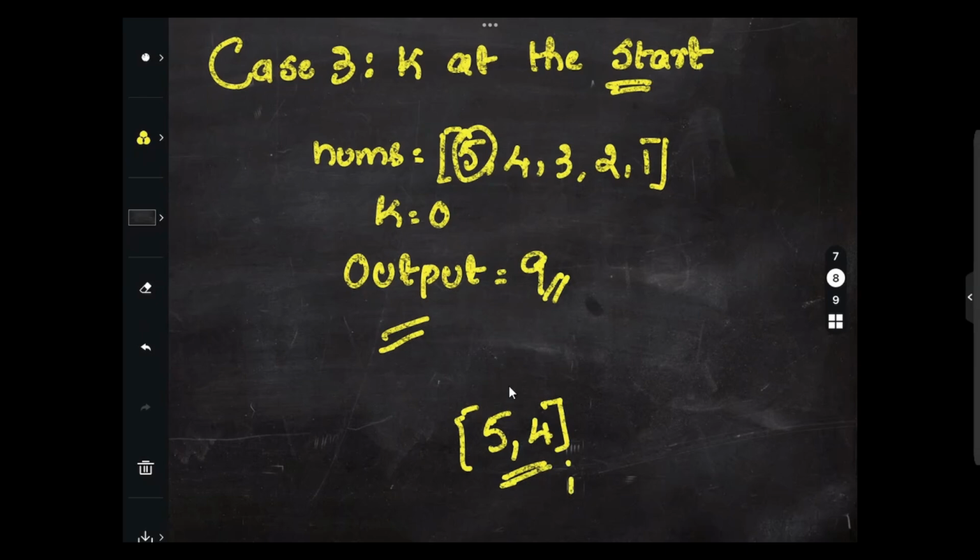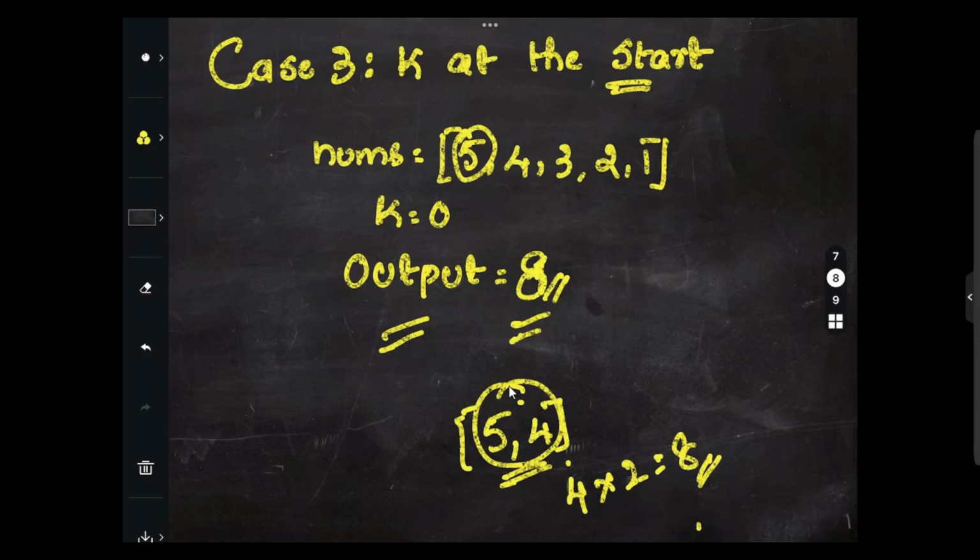The score is the minimum, which is 4, and the number of elements we have here is 2. 4 into 2 is 8, right? So this one will be 8. So output has to be 8, not 9. Sorry, I got confused here. So this is fine. Output will be 8 in this case, right?